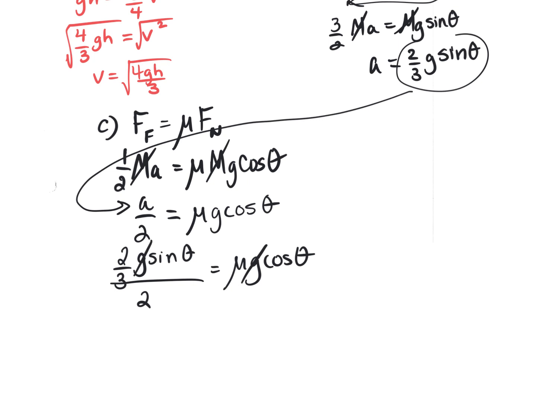That's cool because now g goes away, 2 goes away. So what are we left with? We are left with sine theta over 3 equals mu cosine theta. Okay. Divide both sides by cosine.